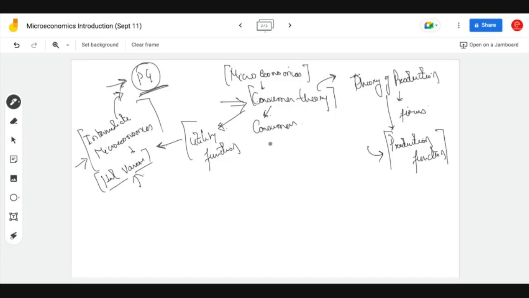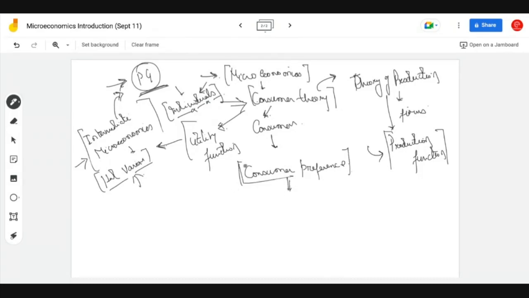The first thing within microeconomics that we need to look at is consumer preference. Under microeconomics we study individuals: how an individual behaves, what their behavior patterns are, and what the conditions and reasons for those behaviors are.